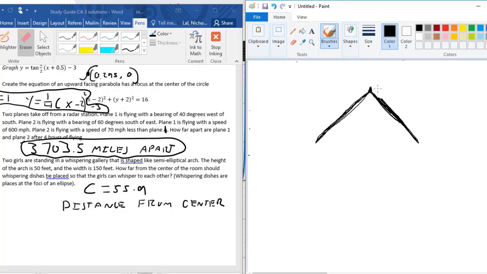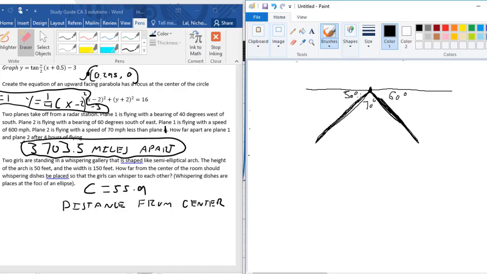Analyzing what's going on over here, 230 degrees and 180 is going to be 50 degrees right here. And then 300 degrees and 360, that's going to be 60 degrees right here. That's going to be 110 degrees combined, which means this angle is 70 degrees.